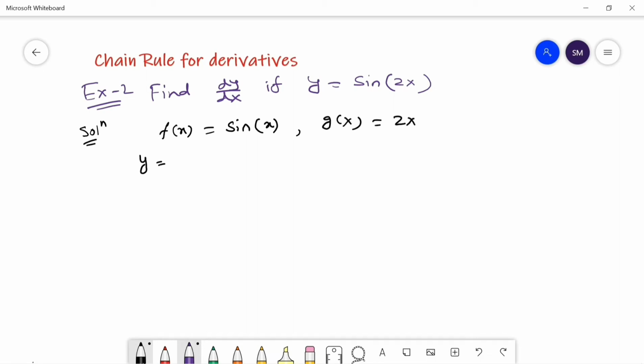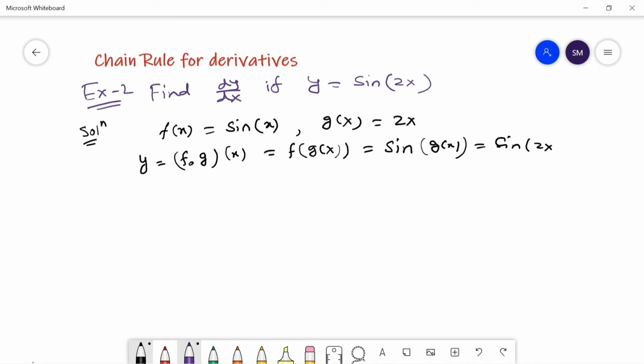Then y can be written as f composition g of x, which is equal to f of g x, which is equal to sine of g x, which is sine 2x. So this way we can see how the composition function is there.